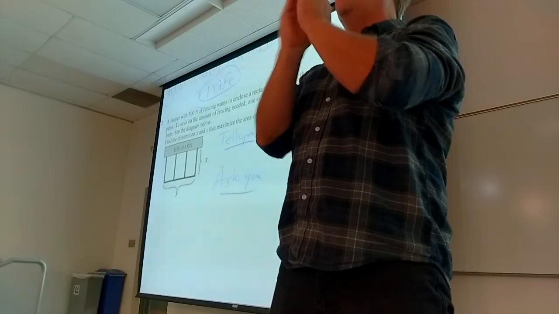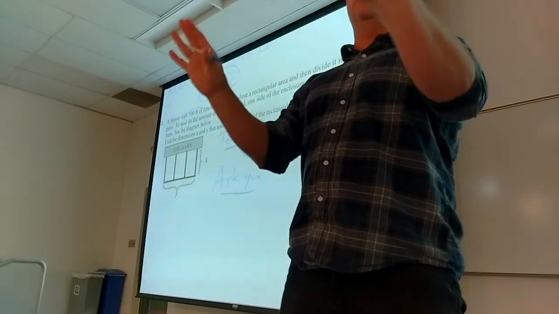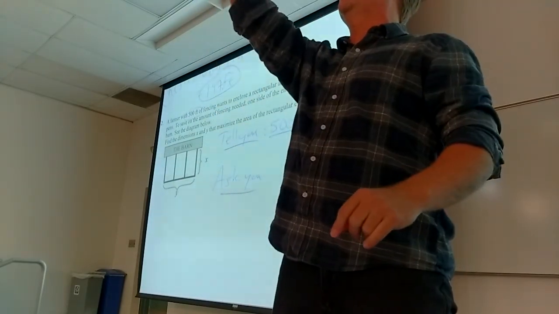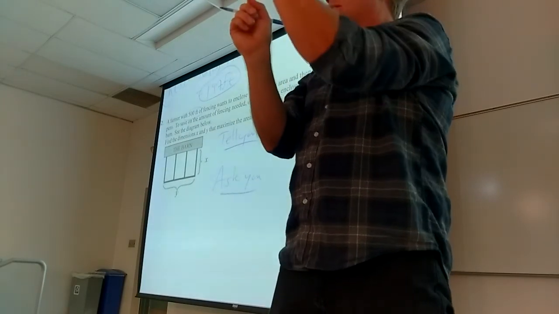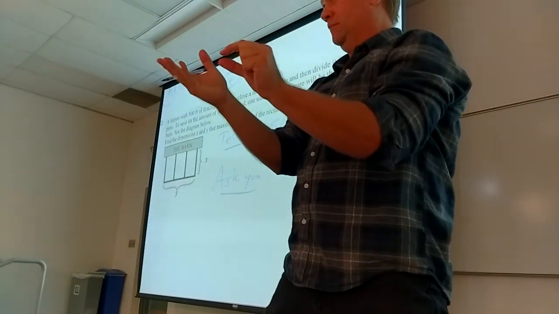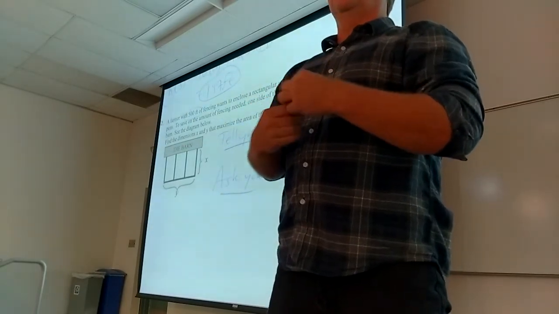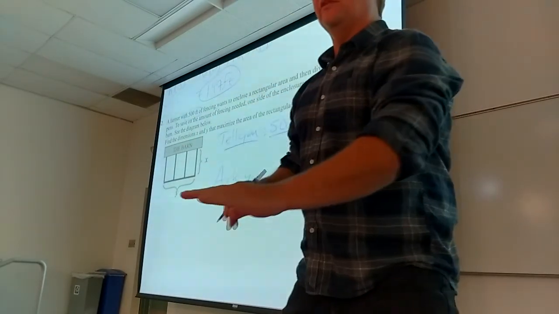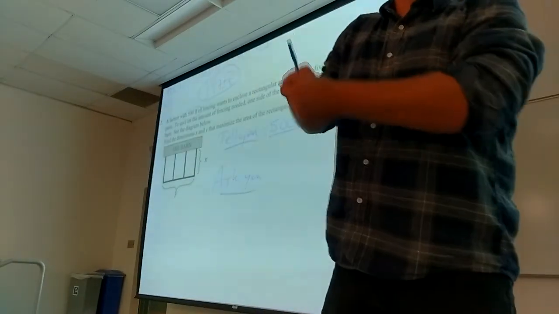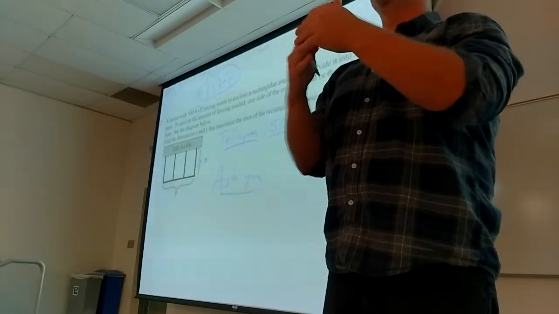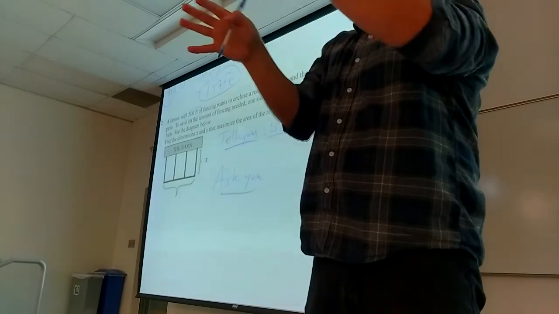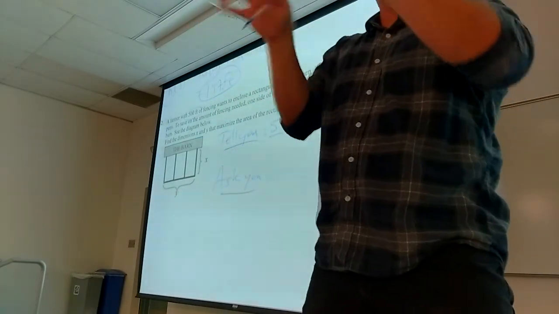So I want you to understand, let's assume that the fence is really thin, so it doesn't take away any of our area. We have to assume that. You guys kind of with me? When you learn physics, you start with frictionless tables and massless ropes, just to make the math easier. And when you get further along, you start to see how to change the problem, adding the actual reality.